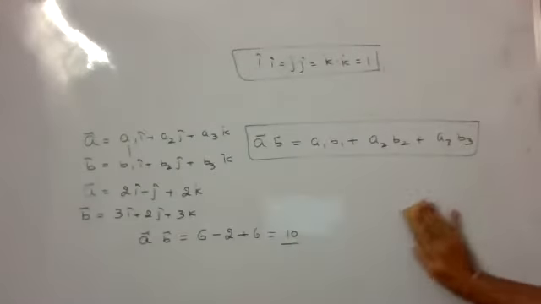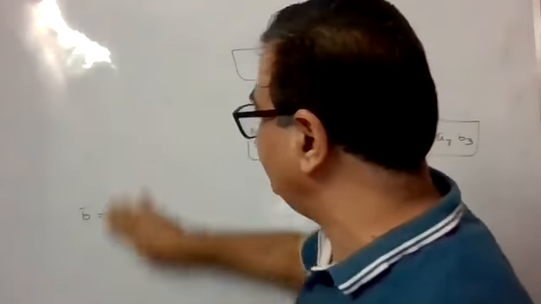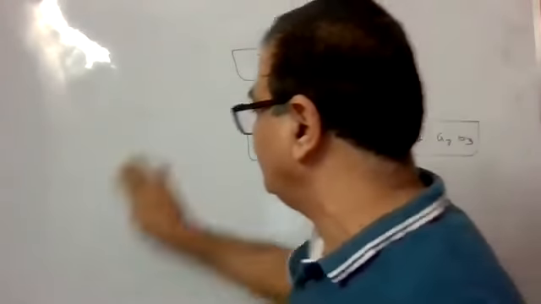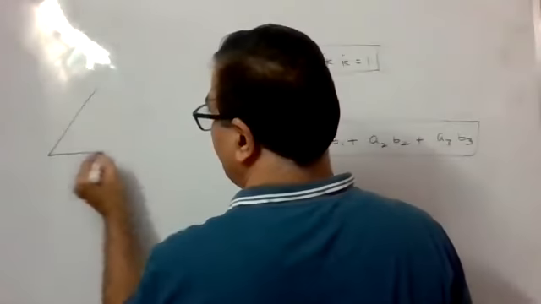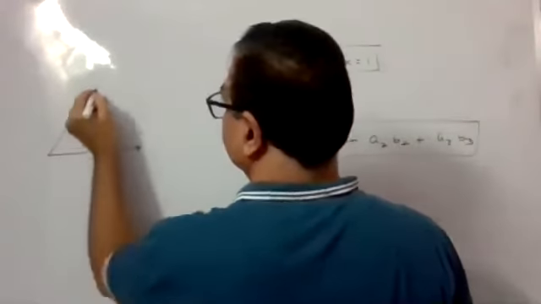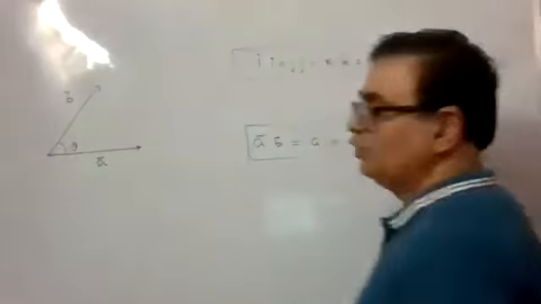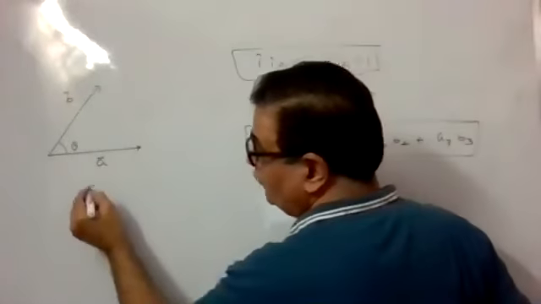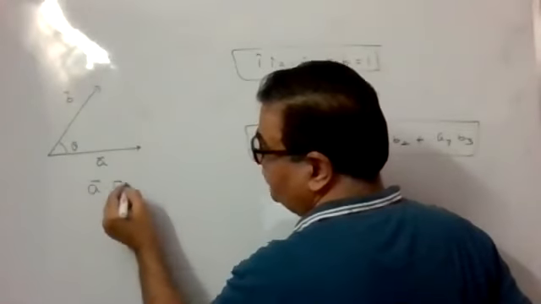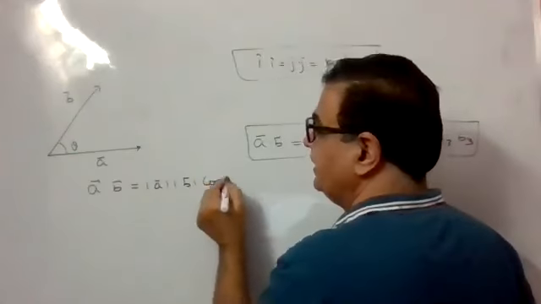Now one more thing you should remember. If two vectors are given and they say find out the angle between those two vectors. We have two vectors A and B, and theta is the angle between the two. The formula says A dot B is magnitude A, magnitude B cos theta.